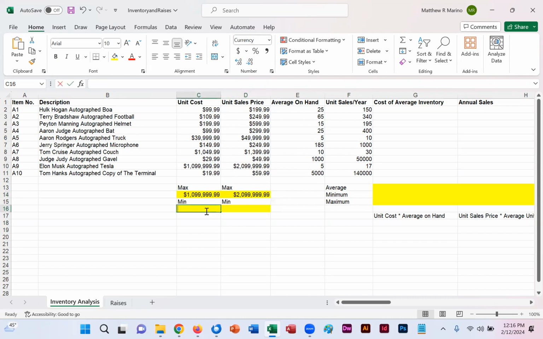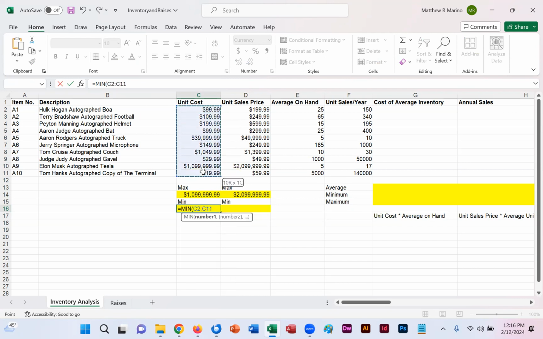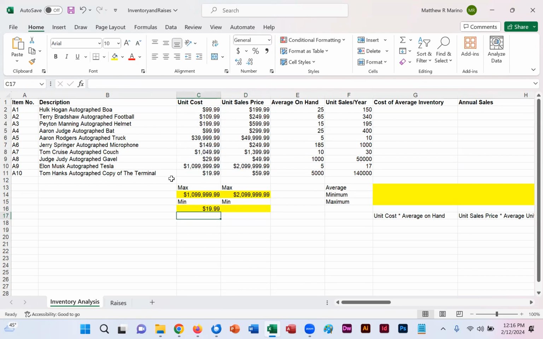Then we do the same thing for the min, equals min, open parentheses, highlight our range of cells. Our lowest cost is this one down the bottom here, $19.99. So we click back in and auto fill over. It gives us $49.99. Well, how come?